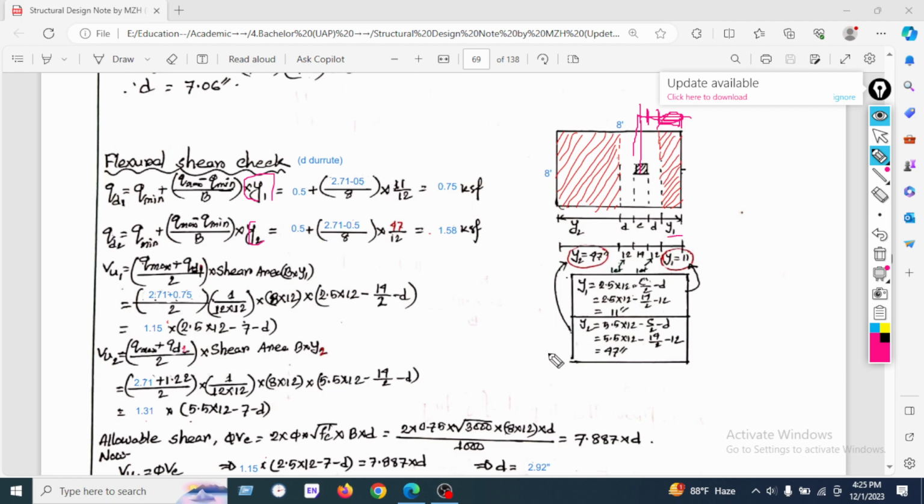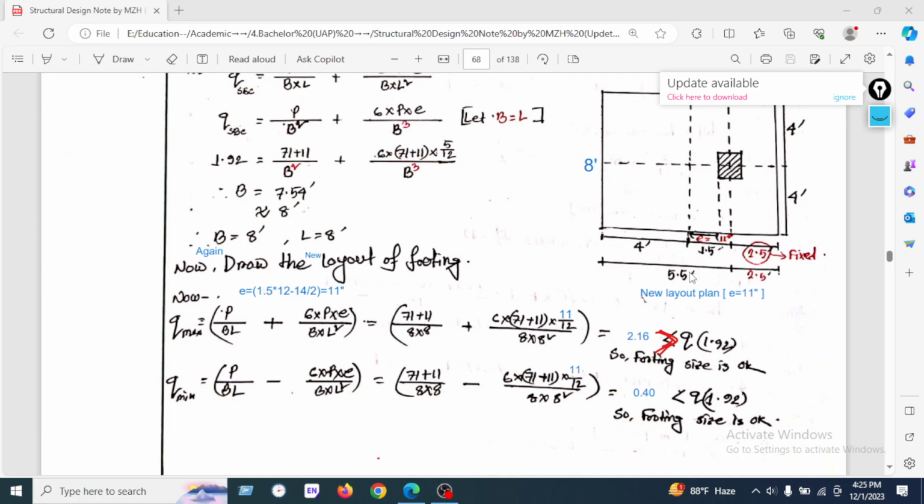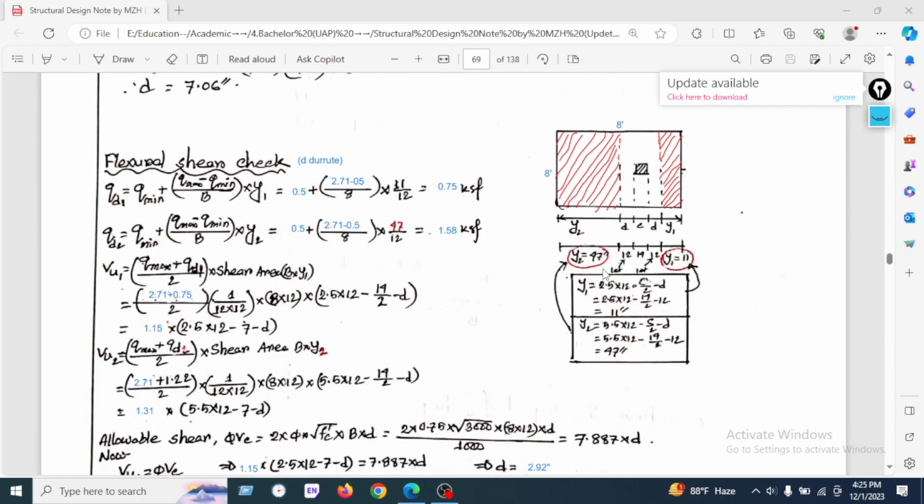In the same way we will calculate y2 is 5.5. We have found here already 5.5, from the CG of the column to the left portion. If we want to understand how we will calculate, here is the CG of the column.